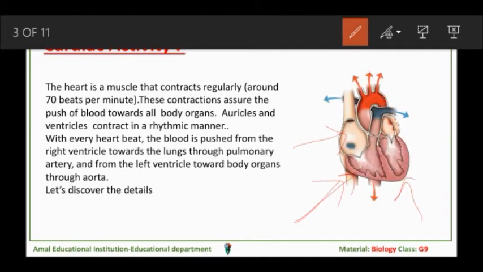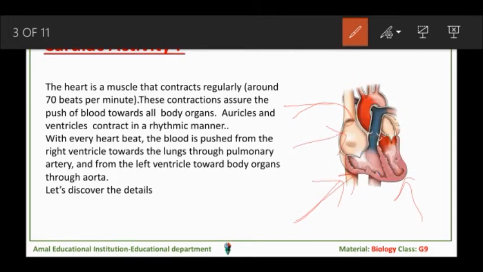If you notice well, you can see the blood is pushed from the auricles to the ventricles to the vessels. Again, from auricles to ventricles to vessels. From the vessels, it reaches the body organs, and from the body organs, it comes back to the heart through the veins. See the arrow entering the heart, it means the vein.